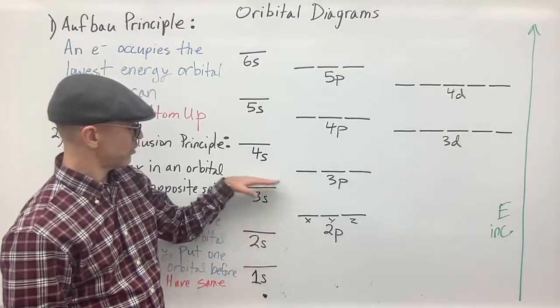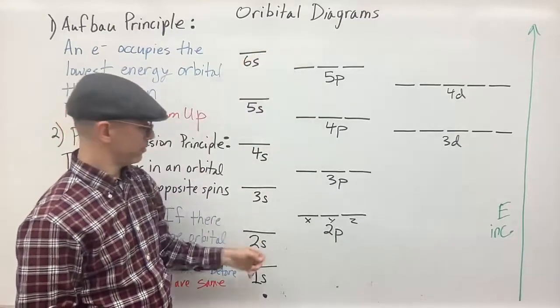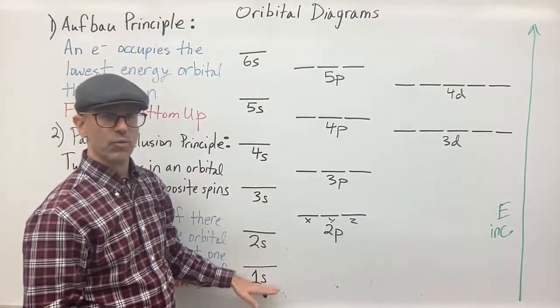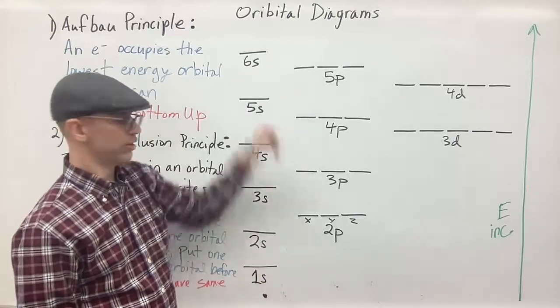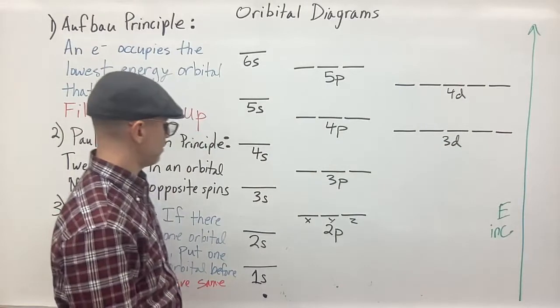As you get farther up in energy, you're going to get farther away from the nucleus. So the farther away you are from the nucleus, the more energy. So here we have energy increasing going up.